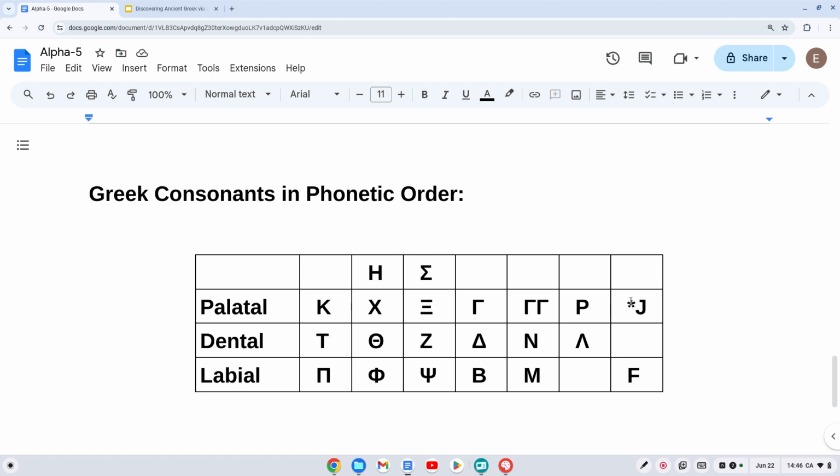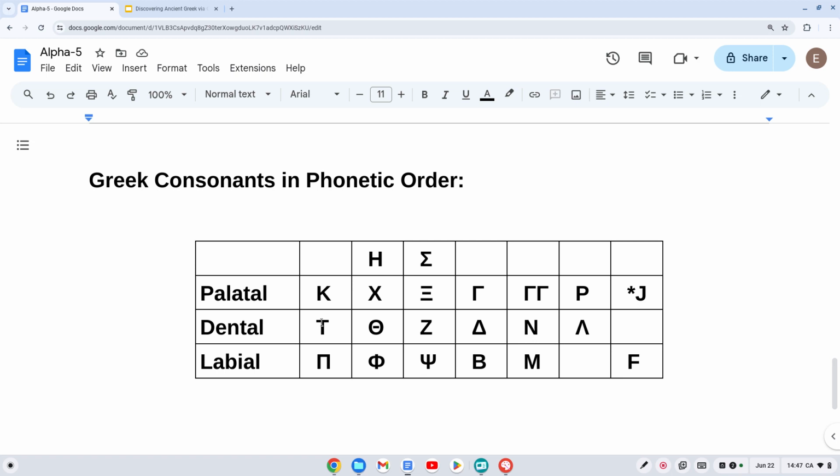And you've got a Y sound here. I didn't want to use the Y because we use it for upsilon. It's more like a yod, with a Y sound. But there's no Greek letter for it, so we assume initial iota is sometimes pronounced with a Y.